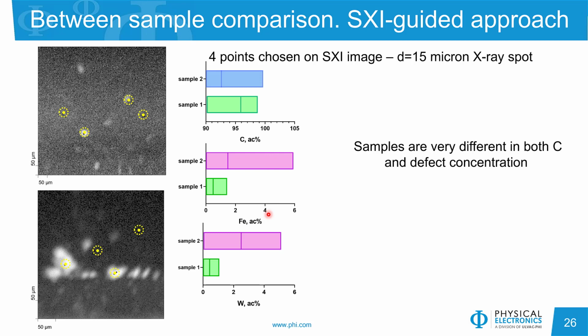So reporting average composition for this example is inadequate. What you really need to report here is individual atomic concentration from selected areas for 2 different samples so that the customer or analyst will see the range of all of the concentrations from the largest to smallest that can be present in the sample.